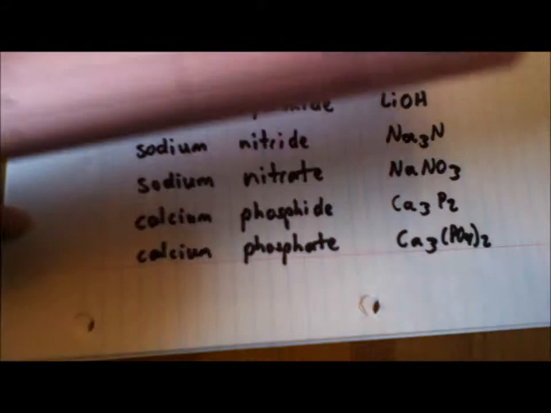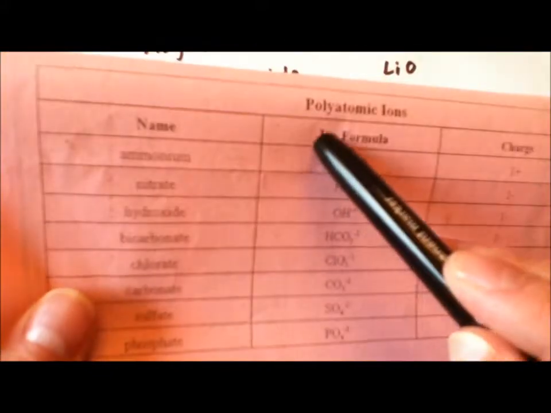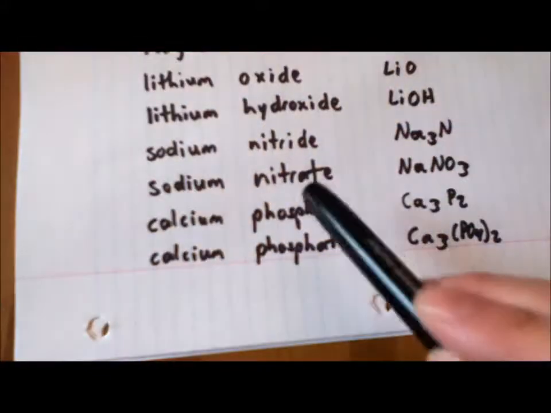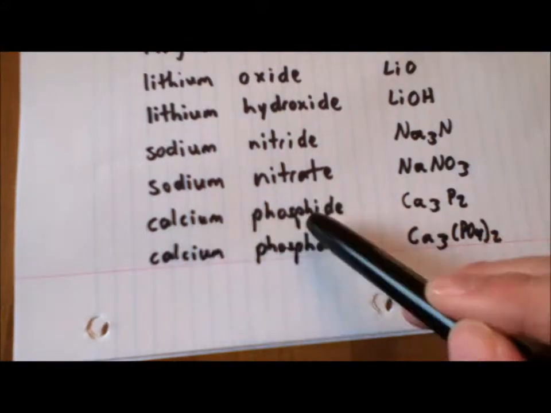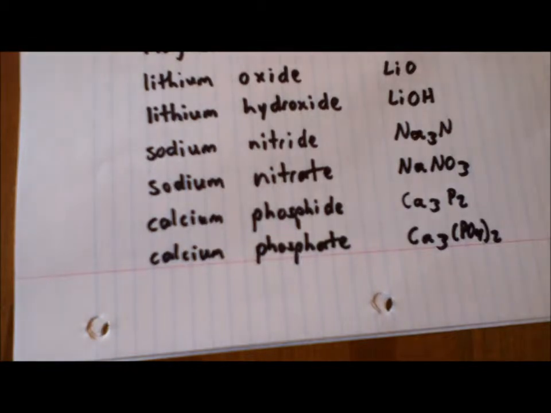Phosphide versus phosphate. Phosphide, we've actually shown you in another example. Phosphide is there, that's P. That's just your regular ion. And then phosphate, listed right here, is PO4. That is in the chart for polyatomic ions. So calcium phosphide is ionic. Calcium phosphate is a polyatomic compound.